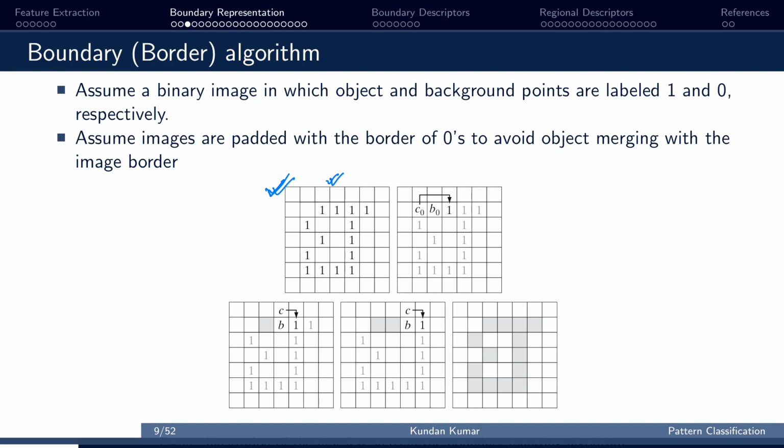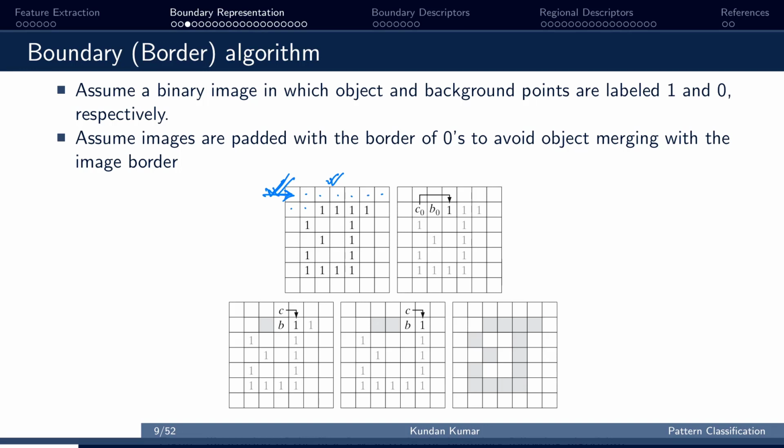Before going to the exact algorithm, let us try to understand how we can find the boundary representation of a binary image. First we will scan from the top left corner of the image, and it will scan all the pixels in sequence.